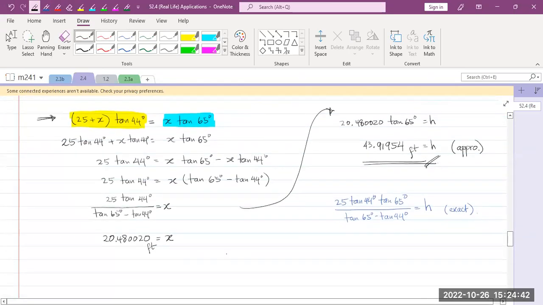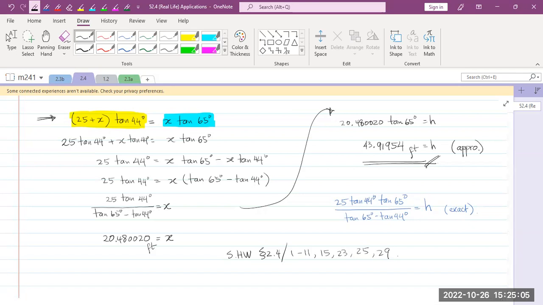Let's see, suggested homework will be section 2.4, number 1 to number 11, number 15, 23, 25, and then 29. Okay, that's the suggested homework from 2.4.